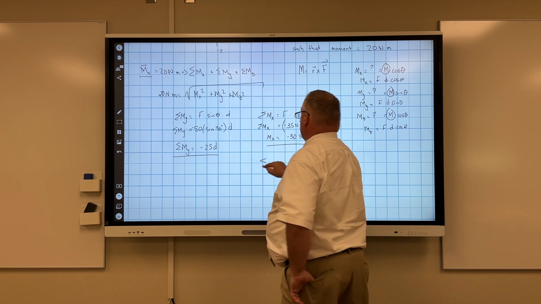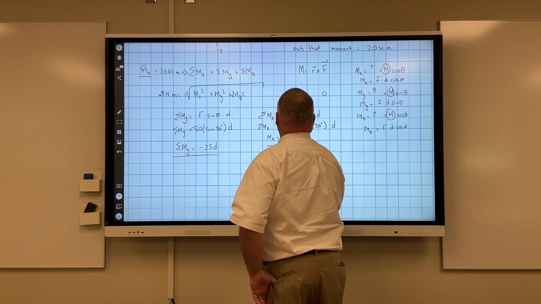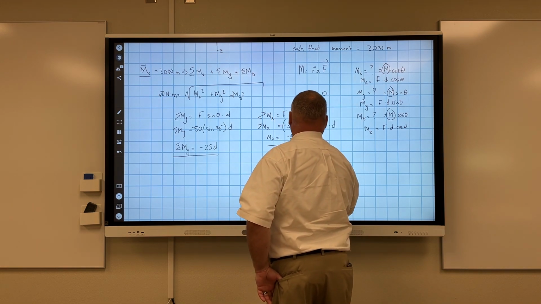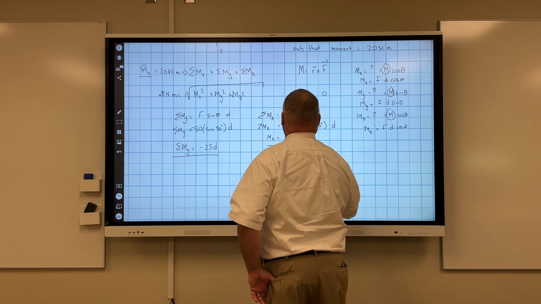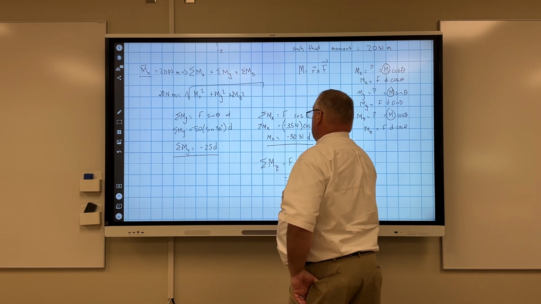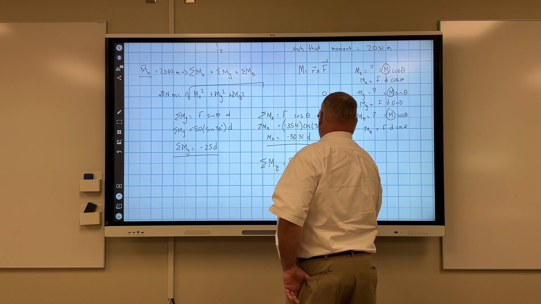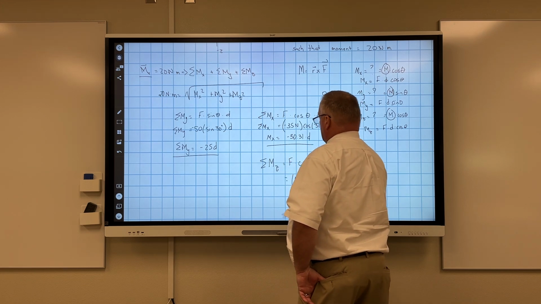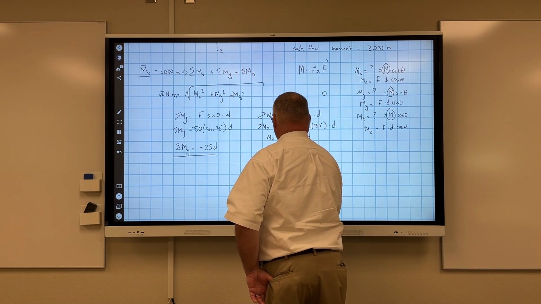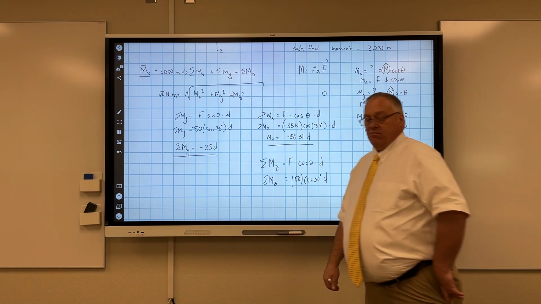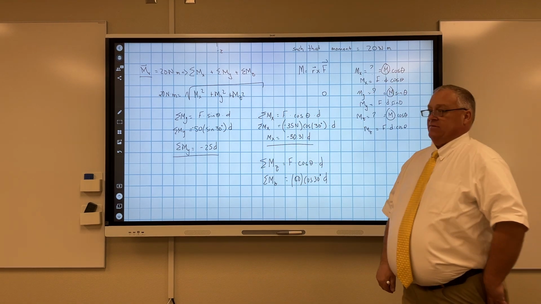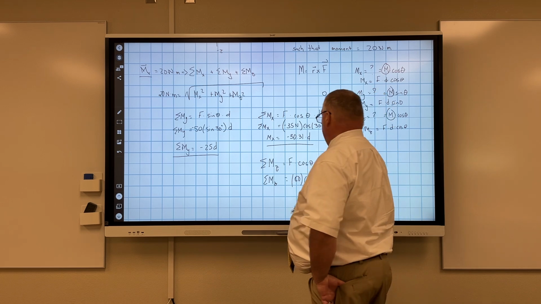So we're going to solve for Mz, which is F times the cosine of our angle times D, which is equal to 50 times the cosine of 30 degrees times D. So the sum of Mz. Now, what direction is our rotation around the z-axis? It's the same as around the y-axis.